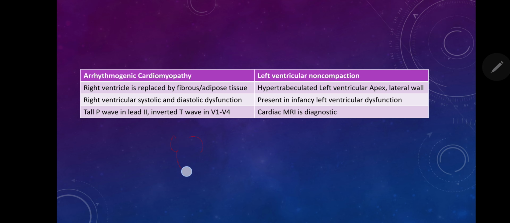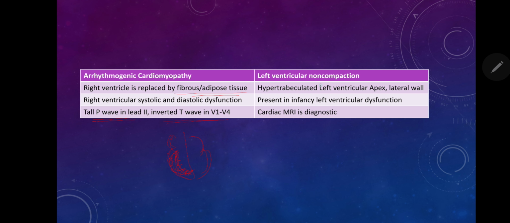The muscles of the right ventricle are replaced by fibrous or adipose tissue, so the right ventricle gets dilated and fragile, and there is systolic and diastolic failure of the right ventricle, and we find congestion. In the ECG we find a tall P wave in lead II and inverted T waves in V1 to V4, and the symptoms are syncopal attacks or there may be signs of preload failure. That means signs of congestion, and the treatment of choice is diuretics.